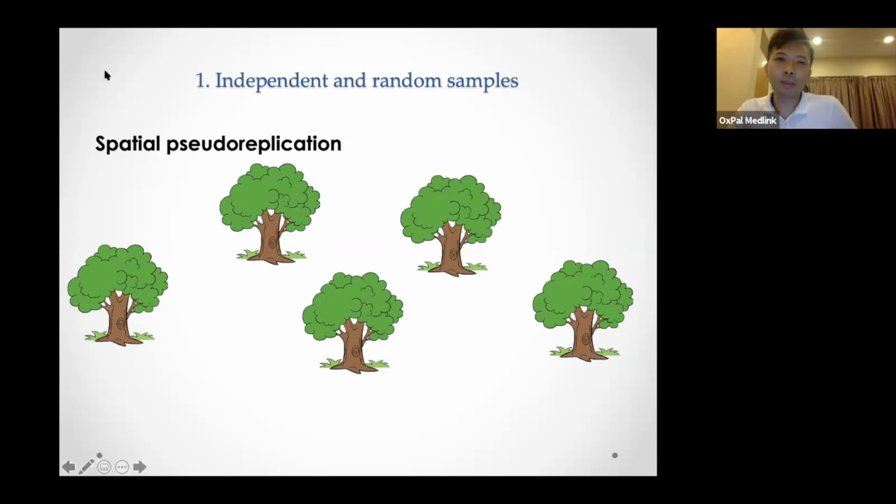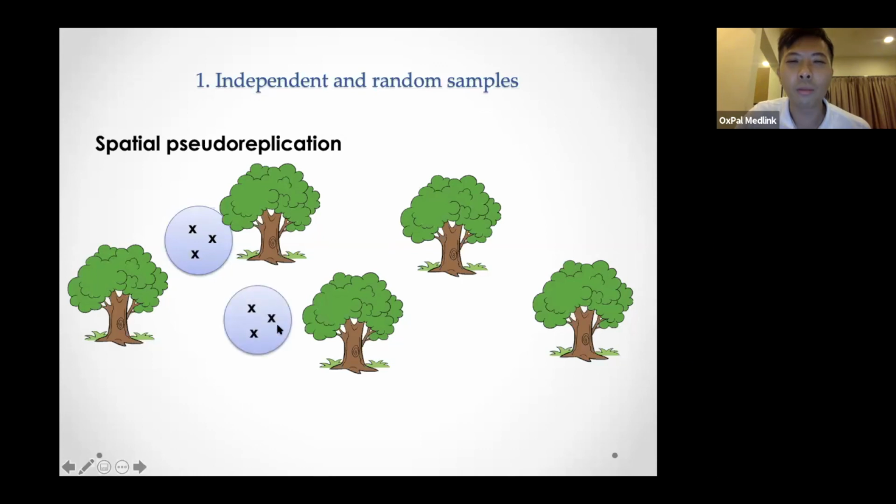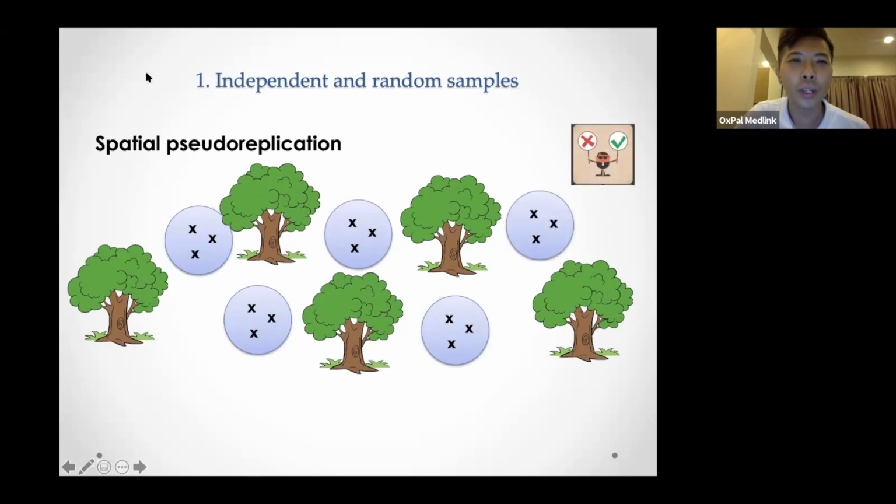And the first assumption, let's look at independent and random samples. Let's say we go to this area and we sample the soil 3 times. Similarly, we go to area B, we do the same thing, we sample the soil 3 times for its pH. My question for you is, are these independent random samples?